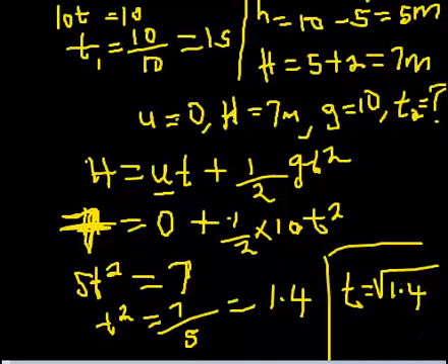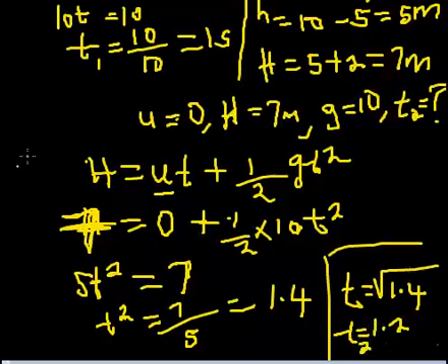Here we go. Square root of 1.4 is approximately 1.2. Am I mistaken? Yeah, 1.2. So t is 1.2 approximately. So that's T2. Remember T2.